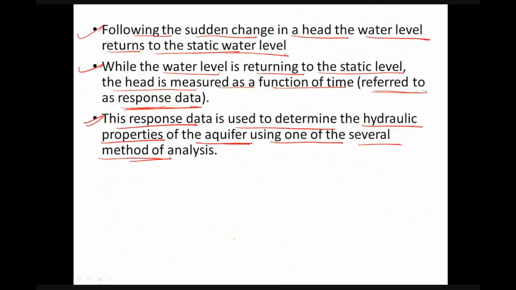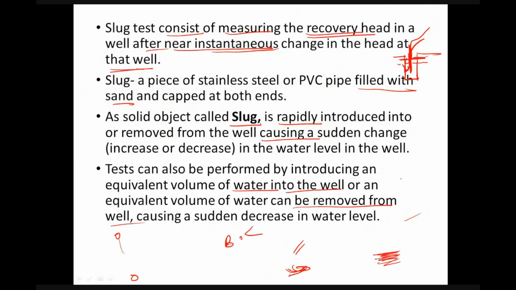Now the slug test consists of measuring the recovery head in a well after a near instantaneous change in the head at that well. So we have a well over here and we have a slug. This is the static water level in our well.